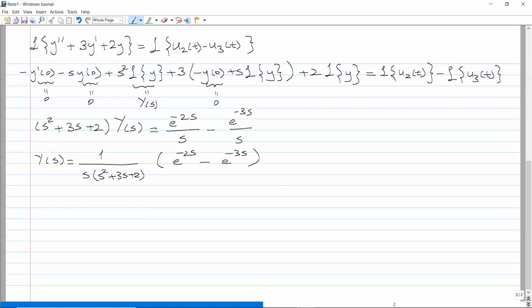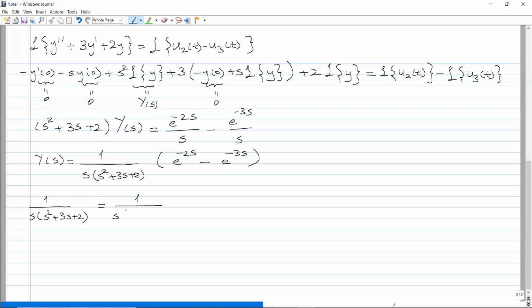And again, remember from previous lectures, we start by taking this rational function and dividing it into its partial fractions. So first we try to factor s squared plus 3s plus 2. Can we factor it?